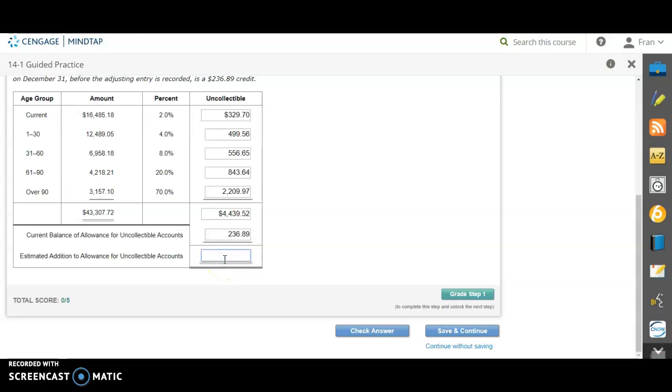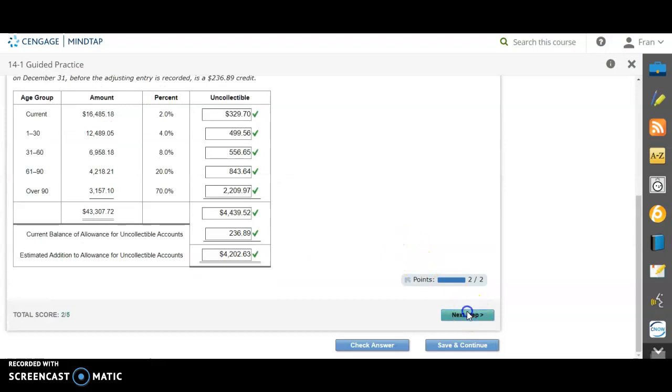So the addition now to the allowance for uncollectible accounts, you subtract that, I'm sorry, my bad, and you get $4,202.63. Okay, so that is step one.